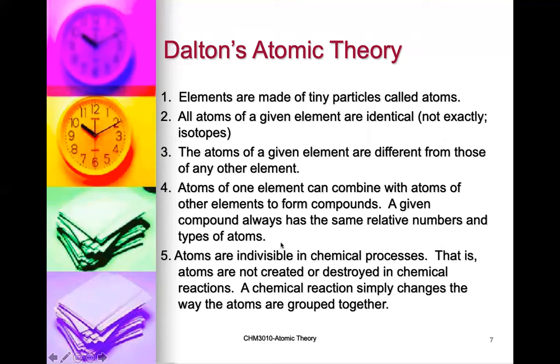Atoms of one element can be combined with atoms of other elements to form compounds. So from your prior knowledge, you should know what is an element and what is a compound. You should be able to differentiate between element and compound.